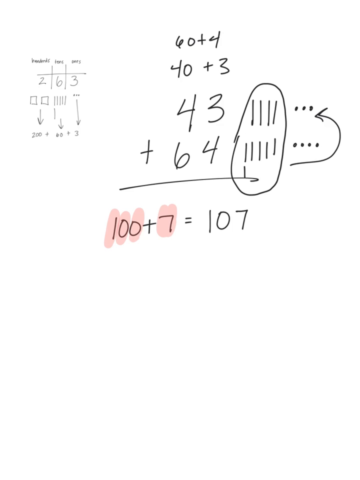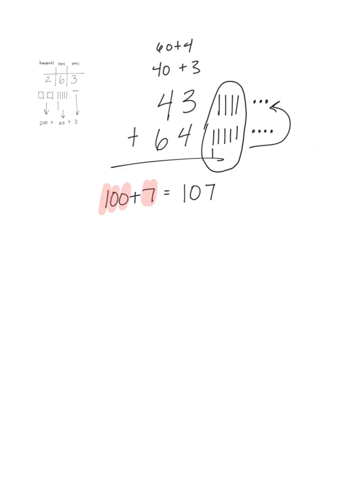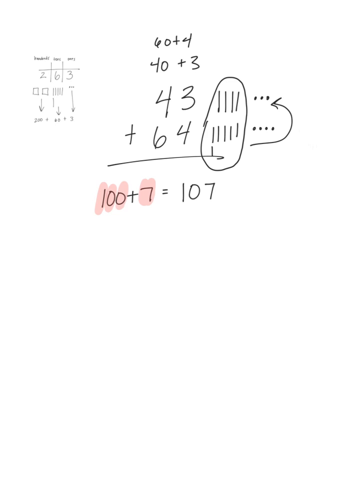Now, if drawing a picture is not the way a student wants to solve this, they can use expanded form to show me their work. So instead, I would say 43 plus 64. Now let me break this apart and add my tens first.